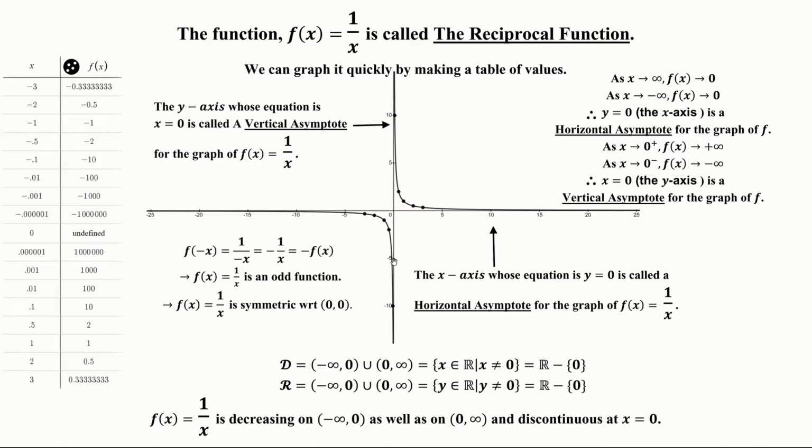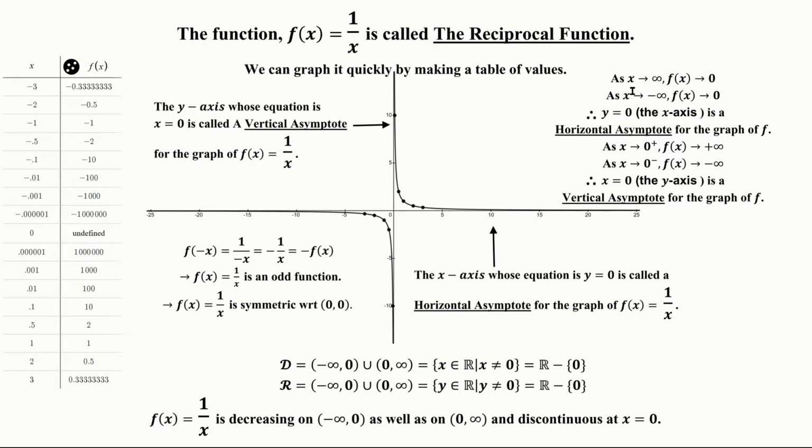In this case, notice that the y-axis is a vertical asymptote for the graph of f of x equals 1 over x, and the x-axis is a horizontal asymptote for the graph of f of x equals 1 over x. Of course, the equation of the x-axis is y equals 0, and the equation of the y-axis is x equals 0.